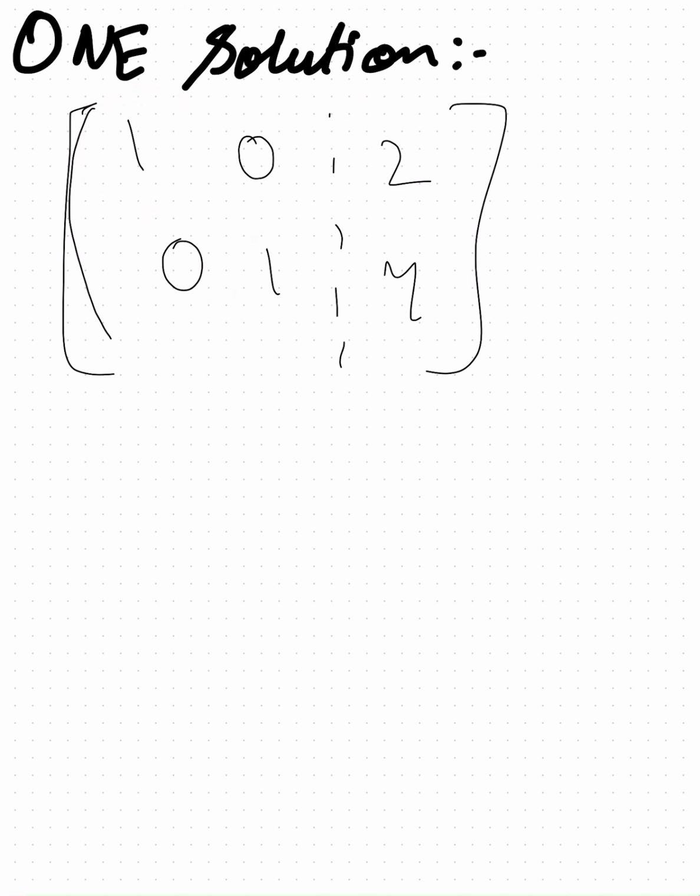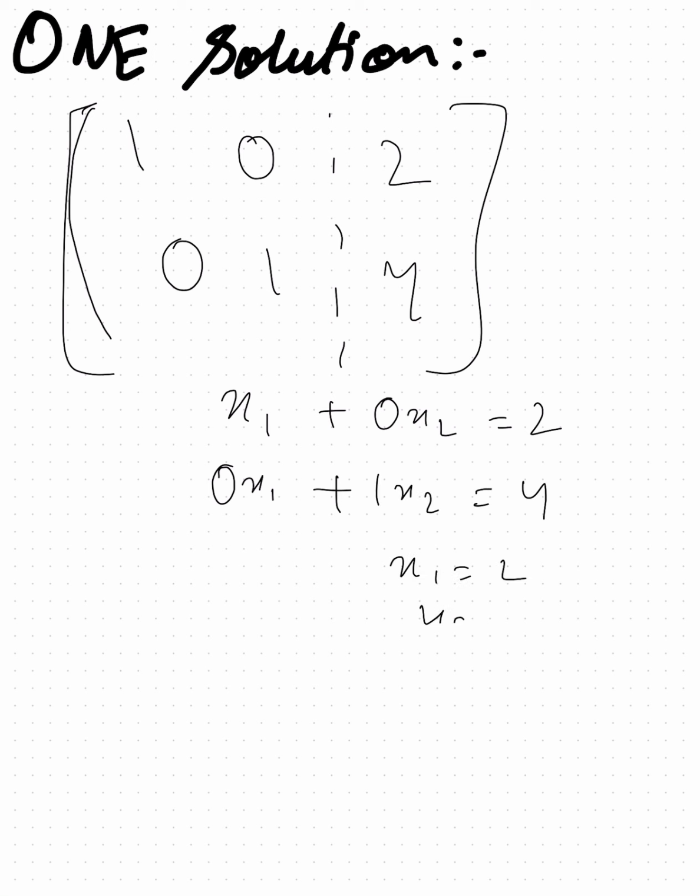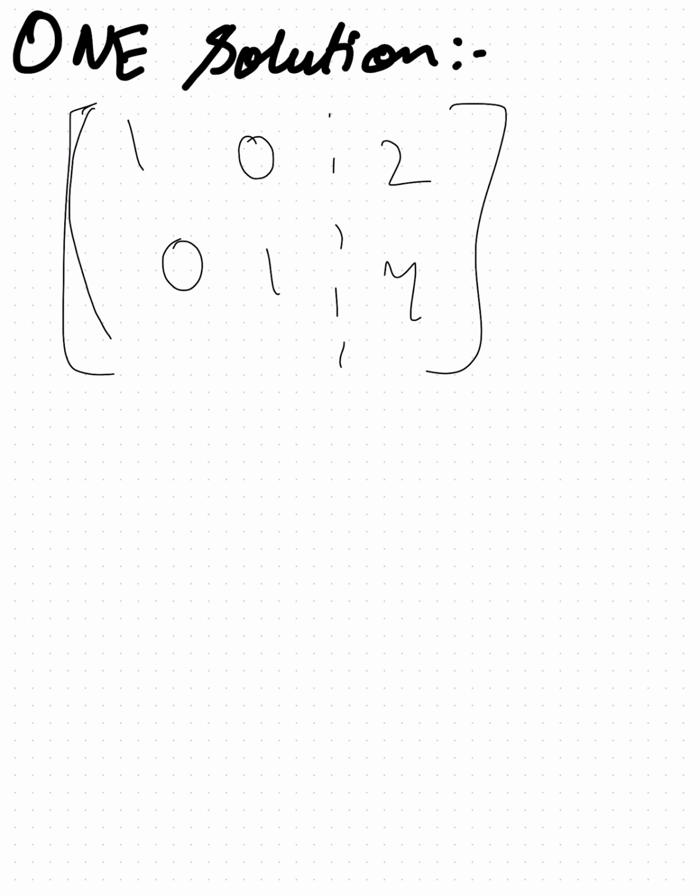This is the augmented side. So you have x1 plus 0x2 equals 2, 0x1 plus 1x2 equals 4. So x1 equals 2 and x2 equals 4. That means the system has a solution, it's consistent and has only one single solution.